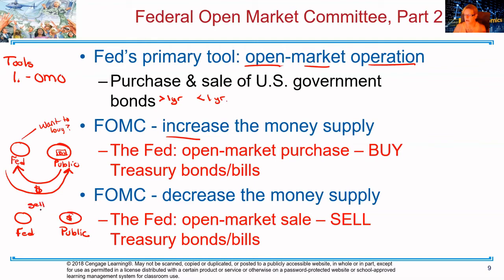So for sale. And a lot of the public and financial intermediaries and so on would see that as a good idea. So they would take this little bill, and what they would do is exchange that piece of paper for money, and the result would be a decrease in the money supply. So this is the #1 tool of the Federal Reserve.